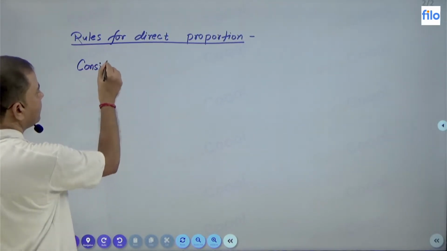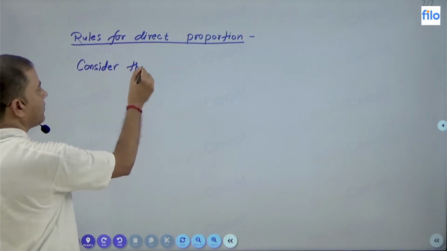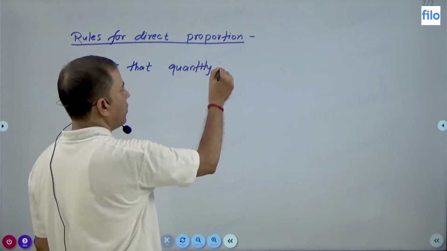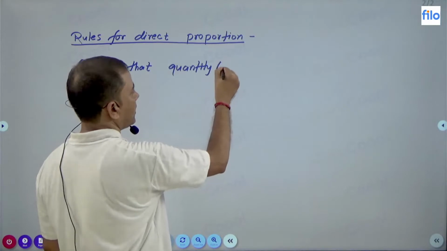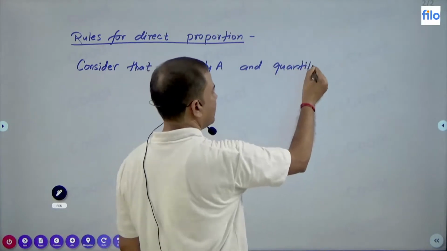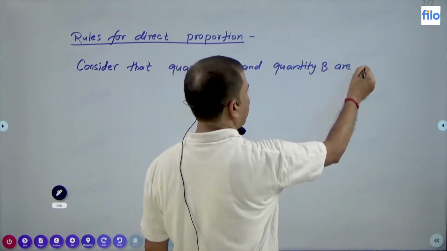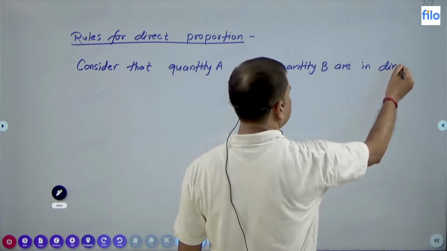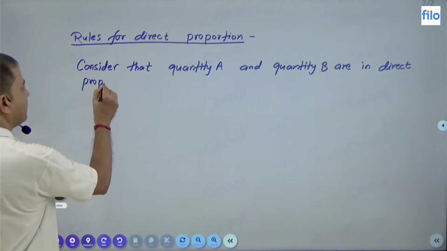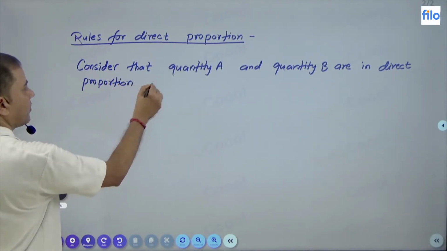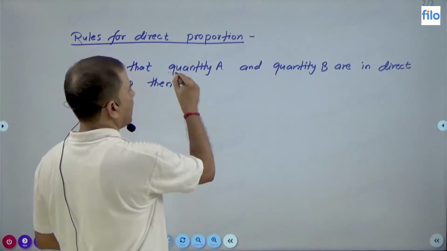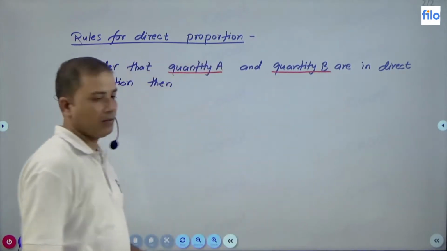Consider that quantity 1, let us say quantity A, and quantity B are in direct proportion. Then, if quantity A and quantity B are in direct proportion, what will happen?